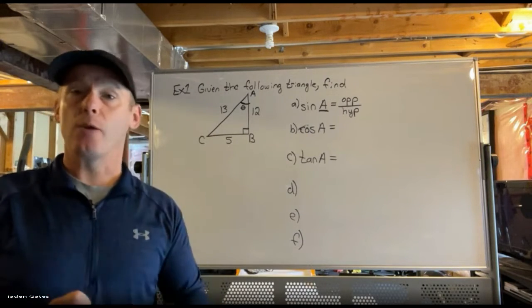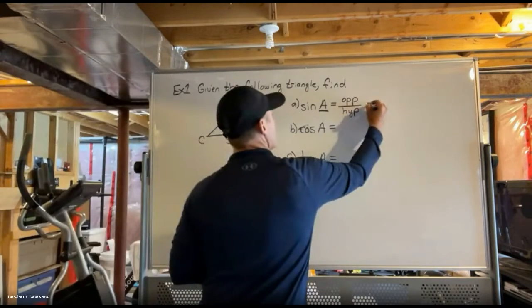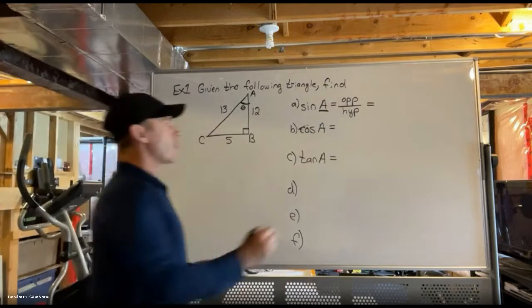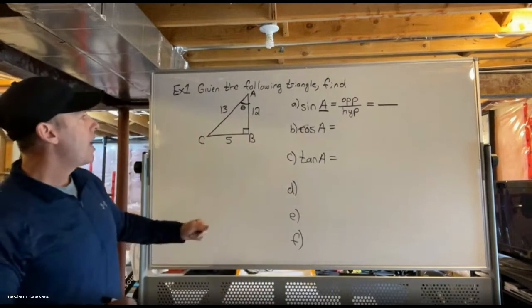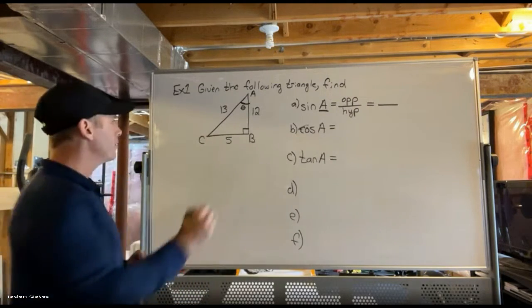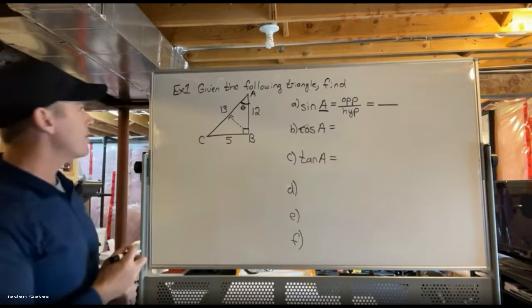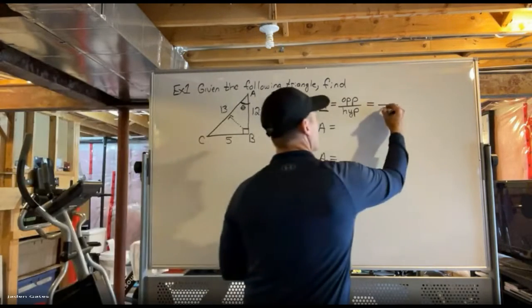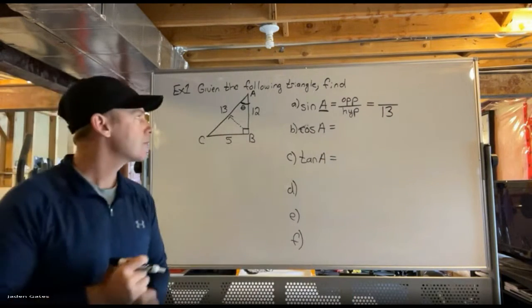The key now is to find those sides. I have my triangle here. To start off, the easiest one is the hypotenuse. The hypotenuse is always the side across from my right angle, and in this case, it is 13. So I put a 13 on the bottom because that's the hypotenuse.